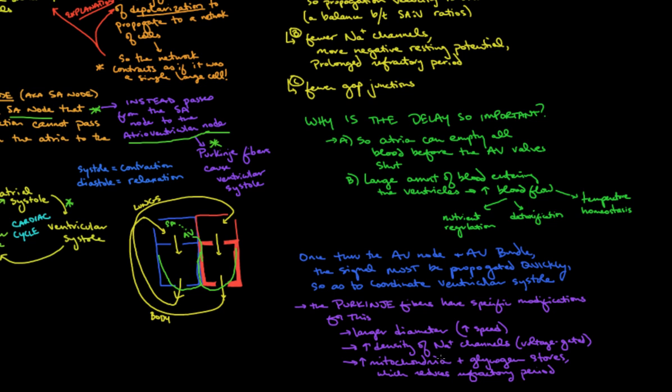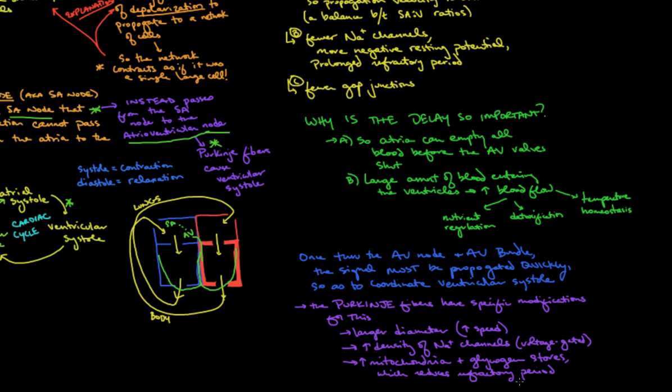There's an increase in the density of voltage-gated sodium channels, so action potentials can be reached much more quickly. Well, excuse me, not that action potentials are reached quickly, but the amount of time that it takes for an action potential to run through its entire cycle would be very much reduced, or happen much more quickly. And there are also many more mitochondria and glycogen stores which are used to reduce the time for the refractory period.